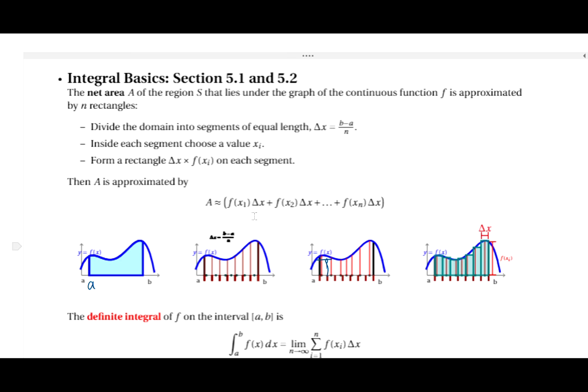We first talk about how we're interested in finding the area if a function f of x is bigger than 0 on a closed interval a and b. We're interested in finding the area underneath the graph of the function and above the x-axis between a and b.